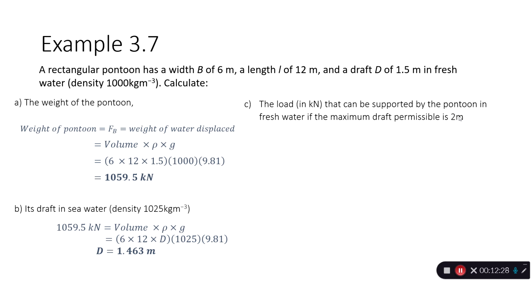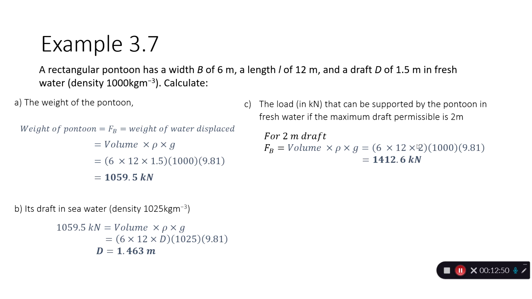So first we need to calculate the total load when the pontoon is sinking by 2 meters. So for a 2 meter draft, we calculate the buoyancy force, the same equation. Then we have 1412.6 kilonewtons.